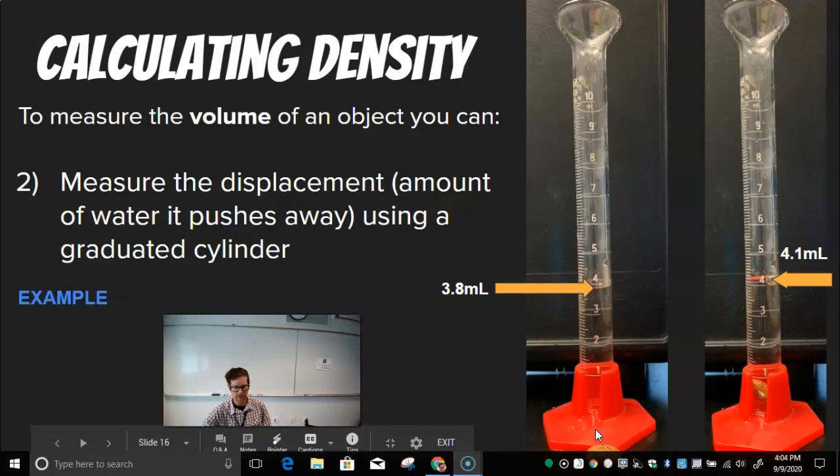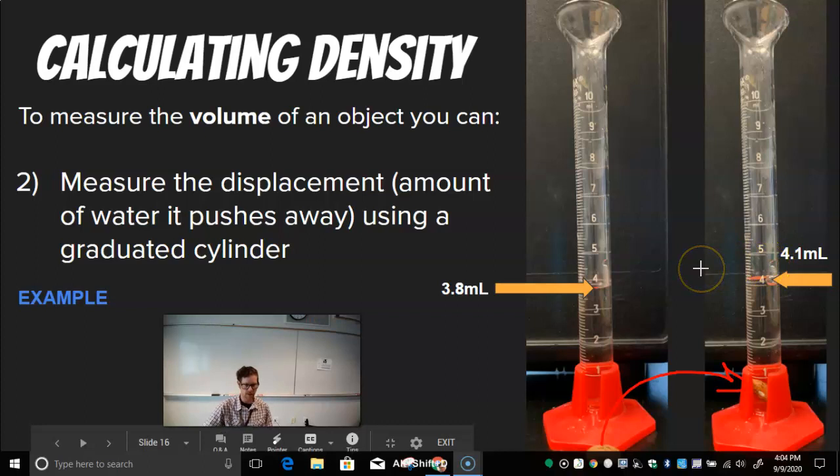You read the bottom of the curve here because the water tends to stick to the sides of the glass. What I did was I just put some water in, and I measured that the water was 3.8 milliliters. Then I put the bean into the actual graduated cylinder, and I read the water again and found that it was 4.1 milliliters.